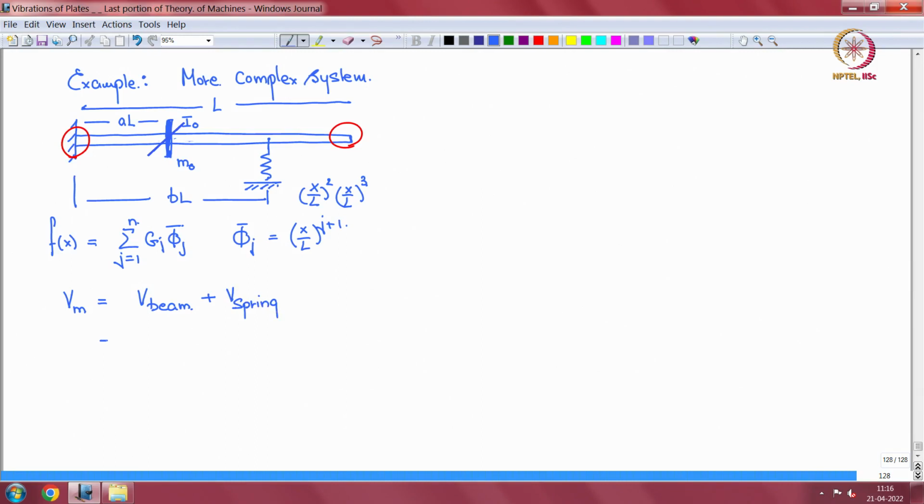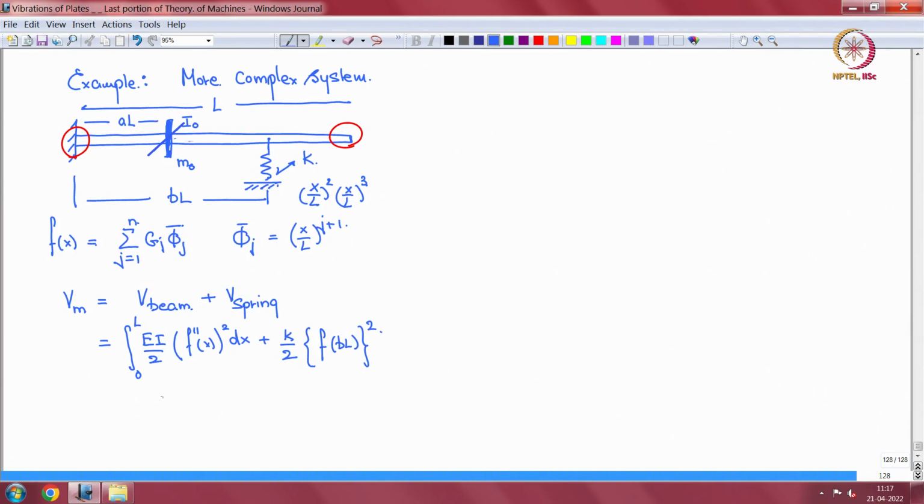So this now becomes integral 0 to L E I by 2 f double dash of x whole squared dx, okay, plus k by 2. So this spring constant is k, okay, k by 2, and the deflection squared at BL squared.